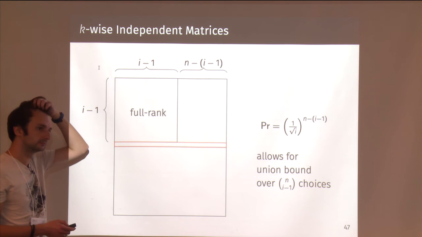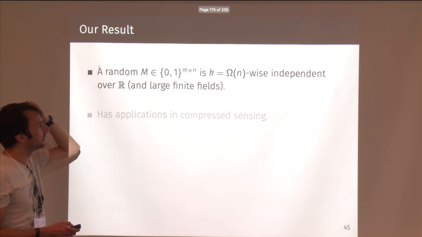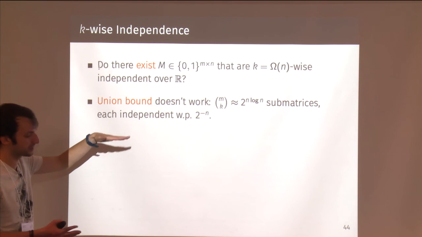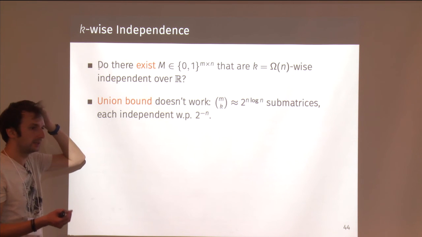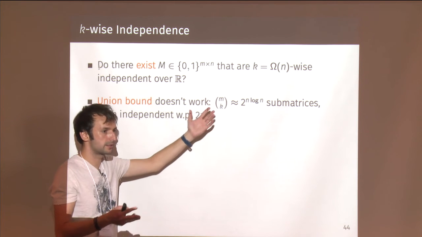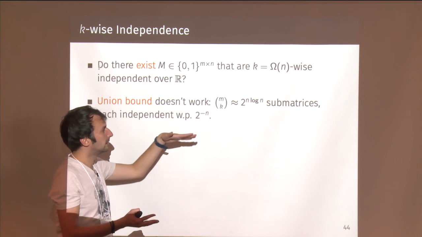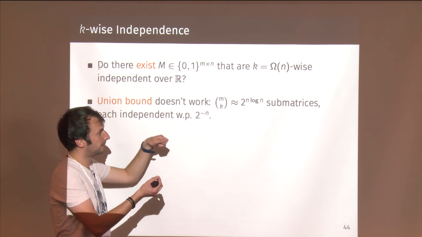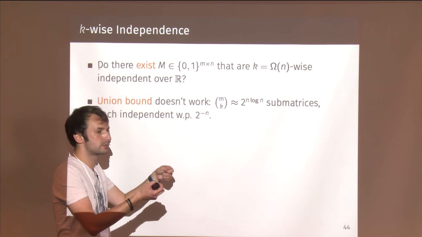Could you repeat the argument? Yeah. So the trivial union bound doesn't work here. How would I like to prove it? I would like to say that I have a random 0-1 matrix, and every submatrix of size k by n has full rank, has rank k. So I would like to show that a random k by n matrix has full rank with probability all but 2 to the minus n.